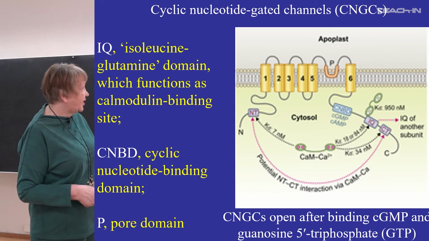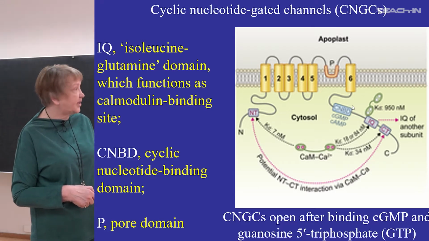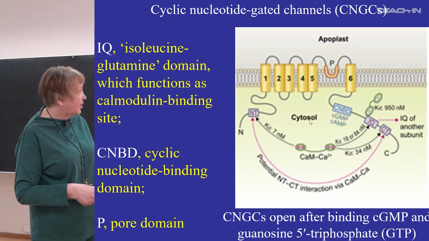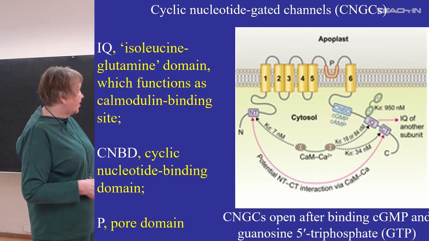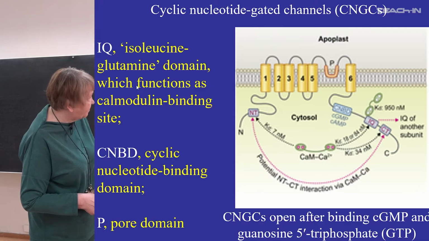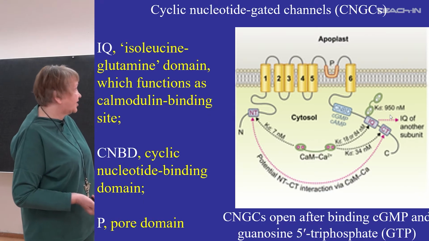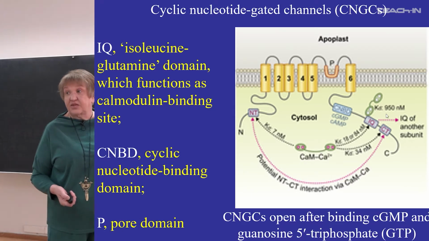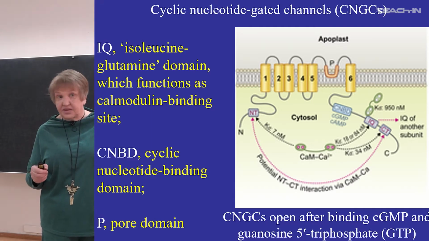There is the CNBD, which is the cyclic nucleotide binding domain, which plays a regulatory role. Then the IQ, isoleucine glutamine domain, which functions as a calmodulin binding domain. So it's an additional, also calcium regulated site, right?